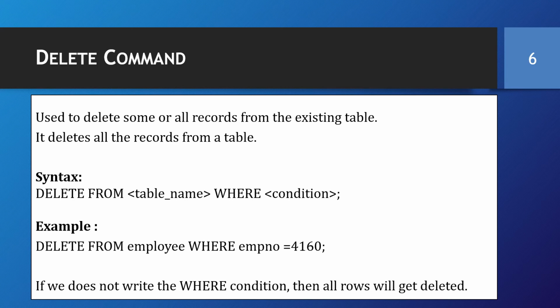If you do not write the where condition, then all the rows will get deleted. For example, delete from employee. If you give the statement like that, then all the records from the employee table will be deleted. If you give the where condition, then only the tuple that satisfies the condition will get deleted. So this delete command can be used to delete some or all records from the existing table.